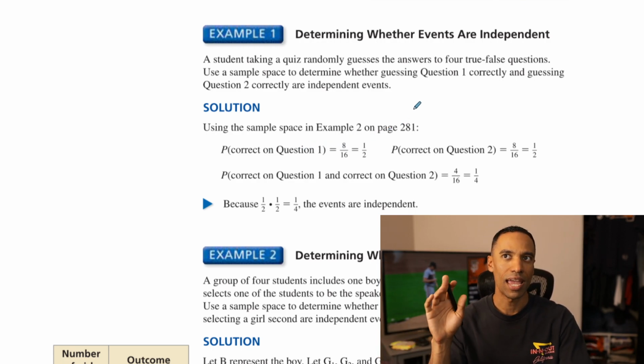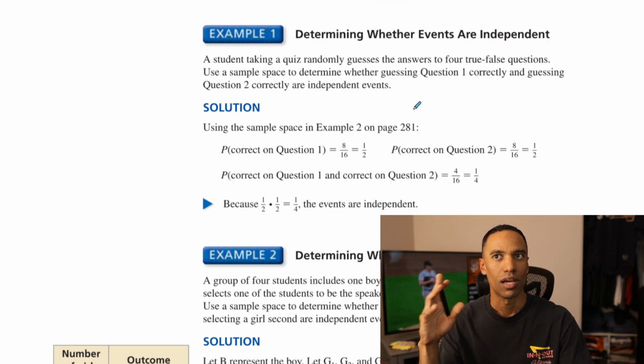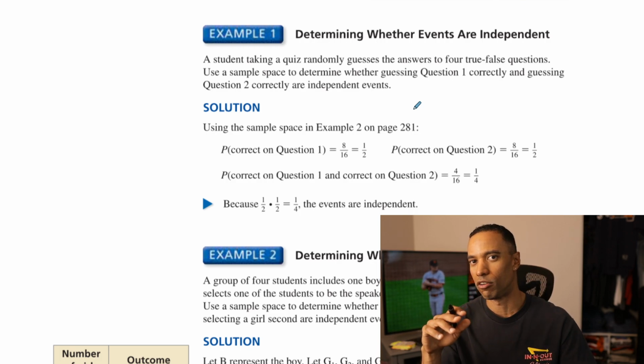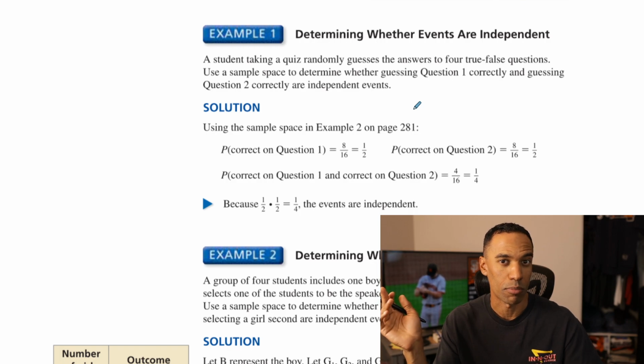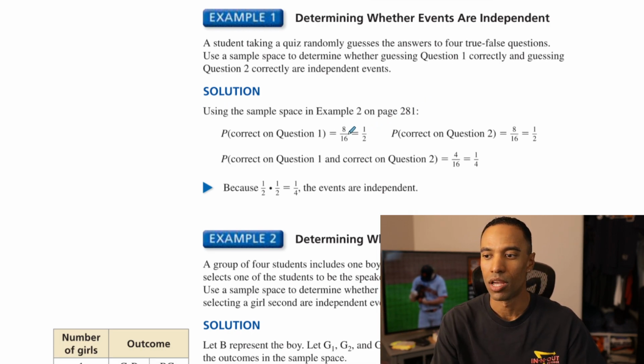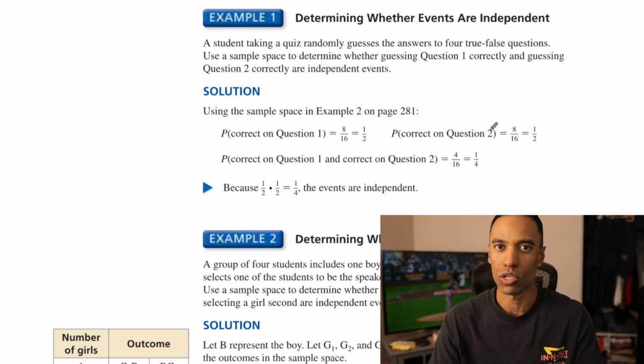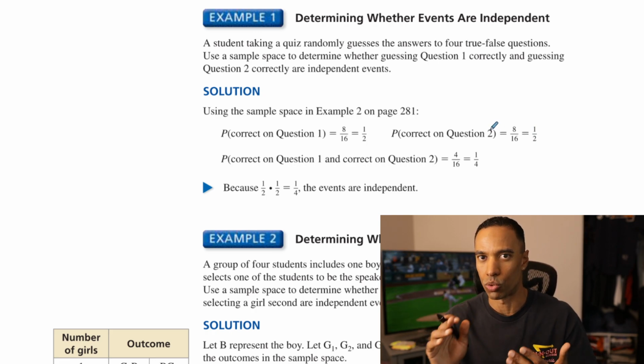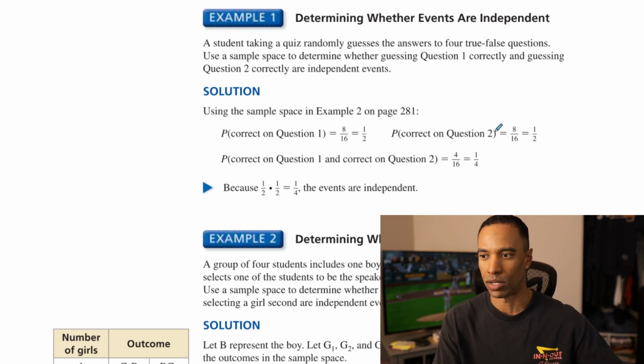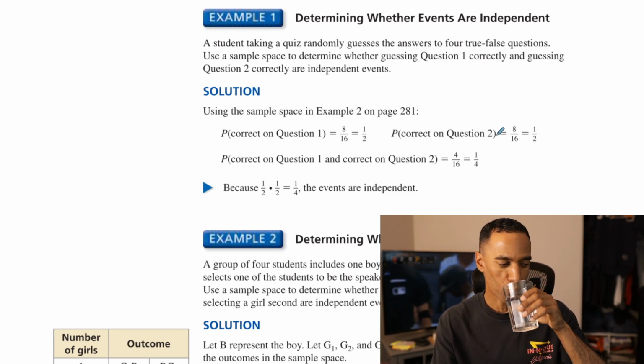Basically, there were 8 different arrangements in which question 1 could have been answered correctly. I'm not looking at the sample space. I apologize. I don't have it set up here. But that's a 1 out of 2 probability. And same with question 2. And I think you'd agree that that would make sense when it comes to a true-false question. But as far as question 1 goes, and question 2, there it is.